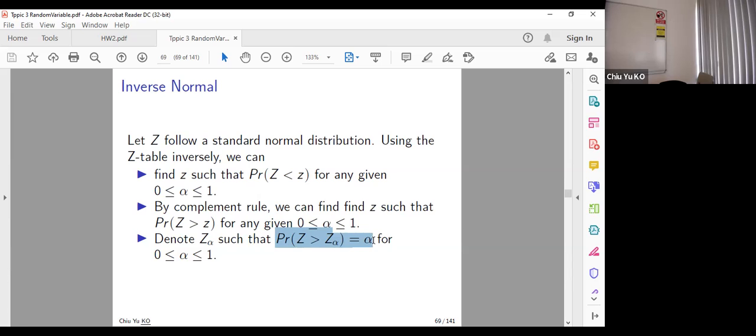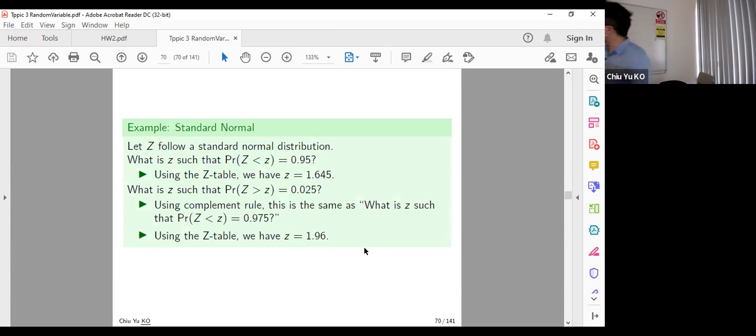Later you will see why we define it this way, in the next chapter. Let's consider this one. Later you will see these two numbers very often, but here what is said is: what is the value such that the probability on the left-hand side is 0.95?